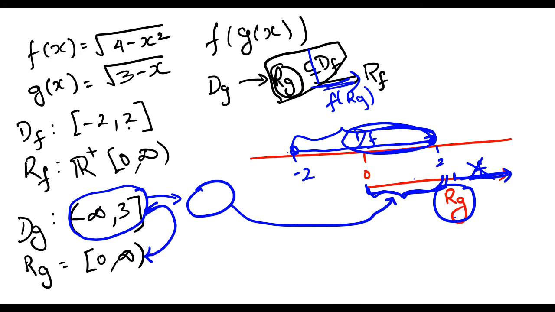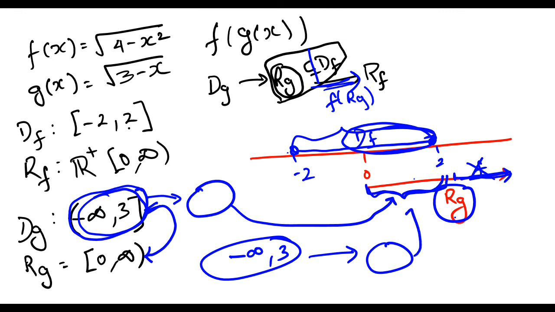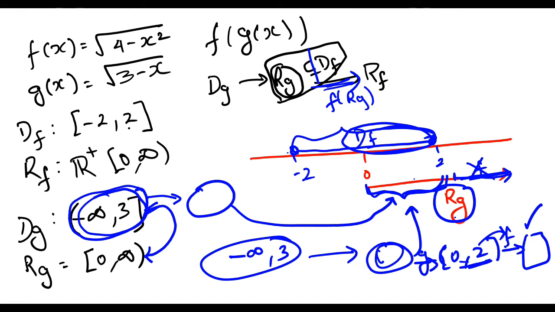So what did I say just now? If I restrict the domain of g here, if I'm not taking from minus infinity to 3, but I'm taking only a smaller set for which it is mapped to 0 to 2, then I can do g on this, and then I can do f on this, and then it is okay because 0 to 2 is part of the domain of f. If I restrict the domain of g to another set, then I can do f of g of x.